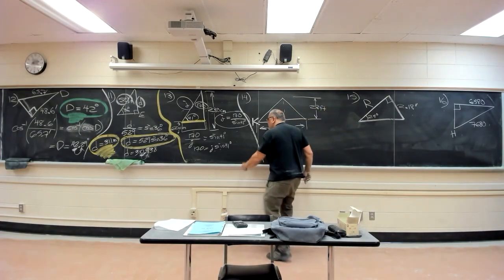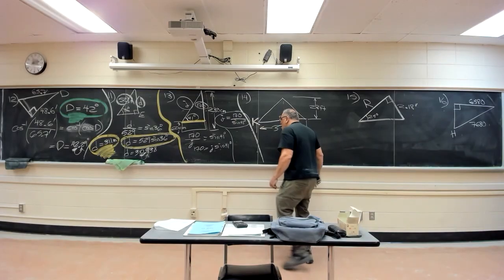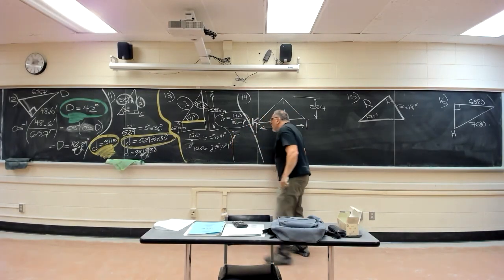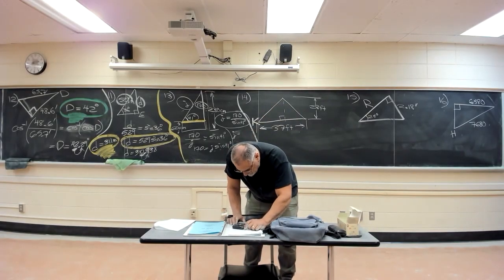Absolutely true. Round to the nearest whole number, too, is what they're saying. So let's see where this goes. 170 divided by the sine of 41 degrees.